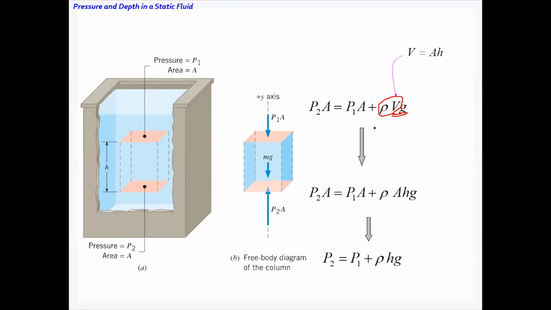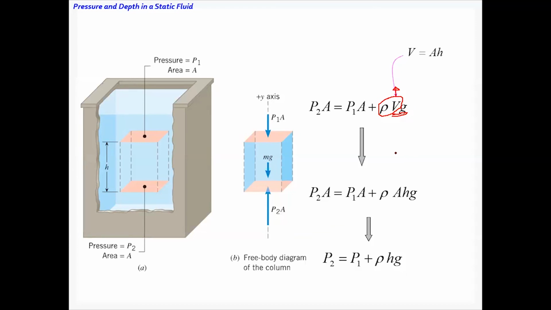Now I'm rewriting my volume again. What is the volume of this chunk? I'm trying to replace this volume by something in terms of the height. So how do you relate the volume with the height of the chunk? Volume is area times height.